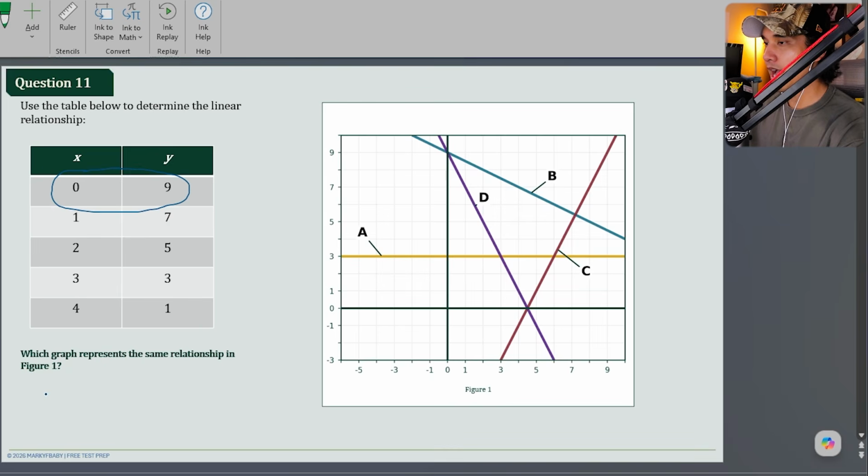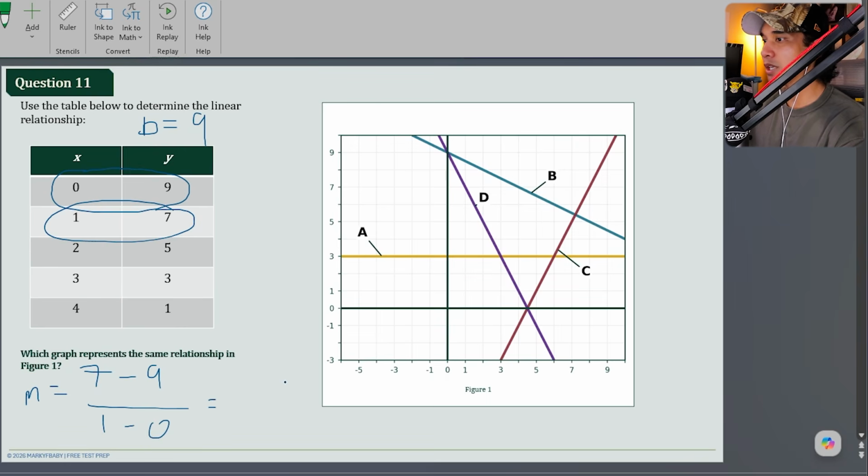So B is just equal to 9. And then I am going to do the change over y over the change over x. M is equal to, I will choose these 2 points right here, and I get 7 minus 9 over 1 minus 0 equals negative 2 over 1 equaling negative 2.